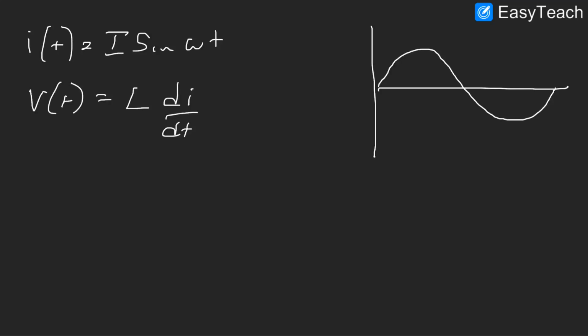If I didn't have the equal to sign here, I could just write it as proportional: the faster the current changes, the more voltage is induced, the higher the voltage. If I want to remove this proportionality sign and put an equal to sign, I have to have a constant that relates them. And this constant is known as inductance.